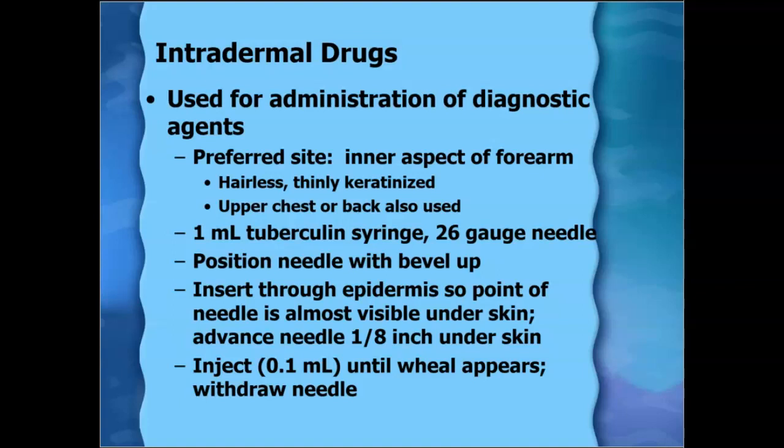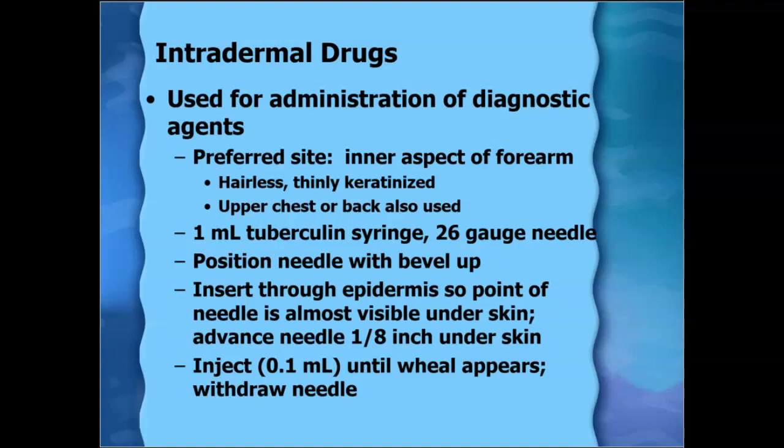The body's reactions to the substances is easily visible, and that's why we use them for allergy testing or testing to see if you've been exposed to TB. Sites commonly used are the inner surface of the forearm or the upper back or the upper scapula, right?